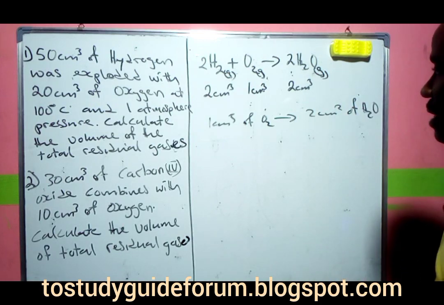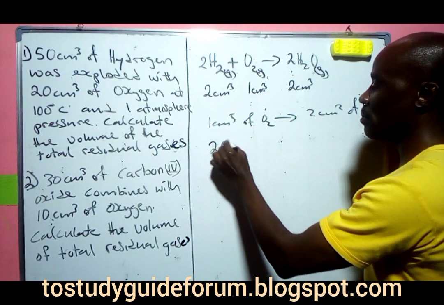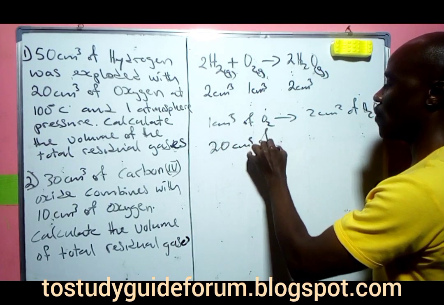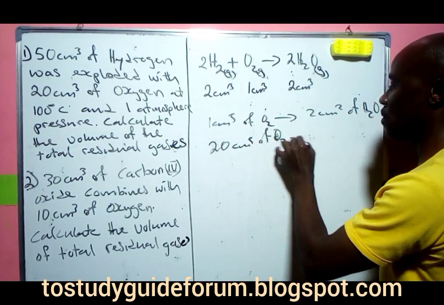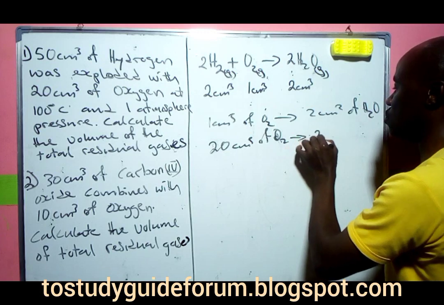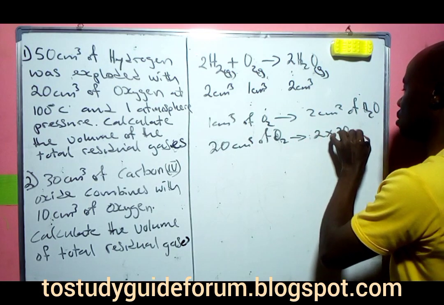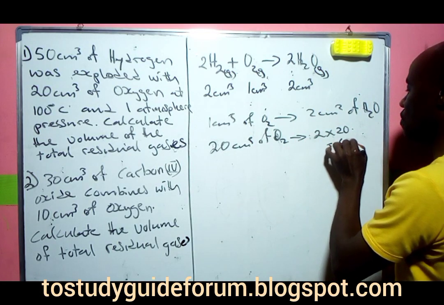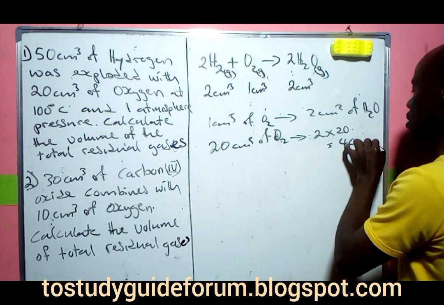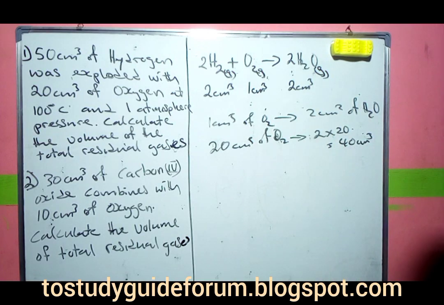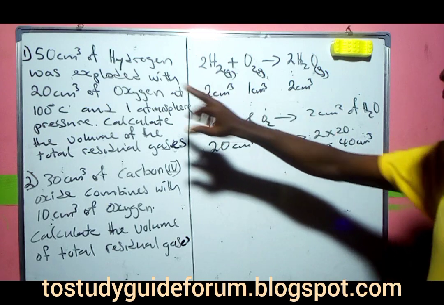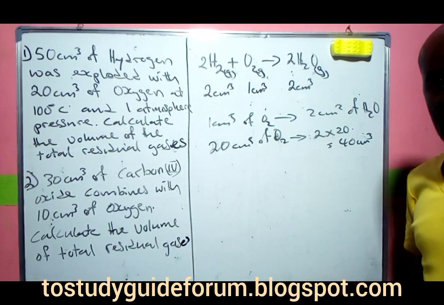So since it's like that, 20 cm³ of oxygen will give us 2 times 20. That will give us 40 cm³.